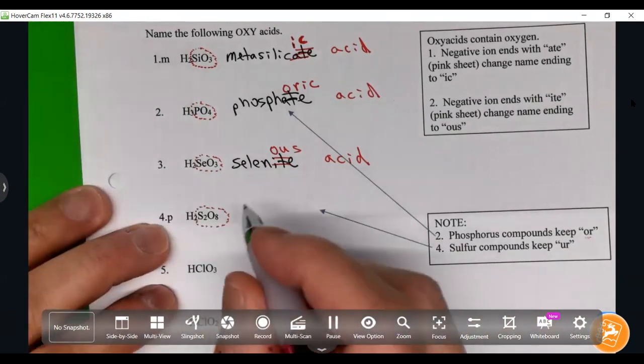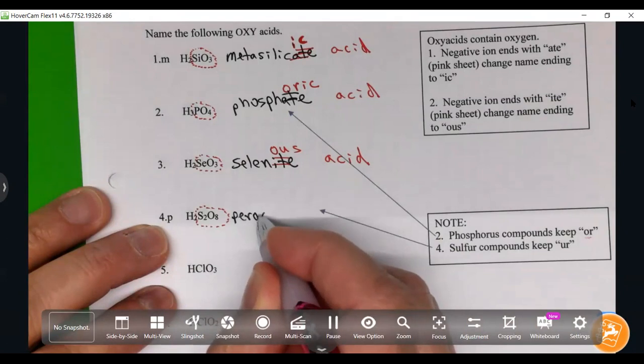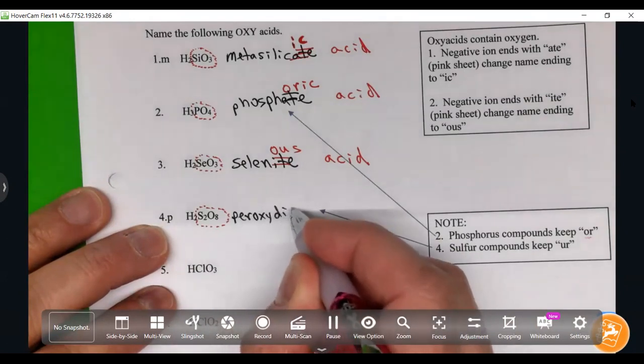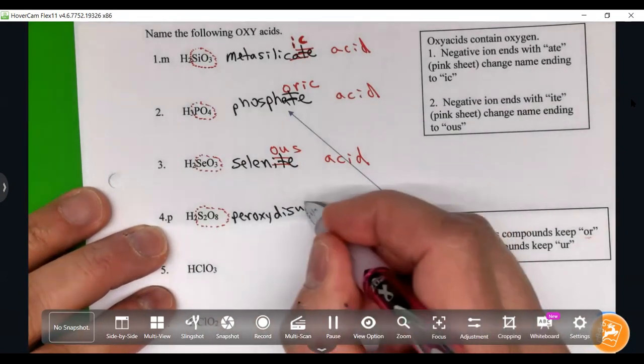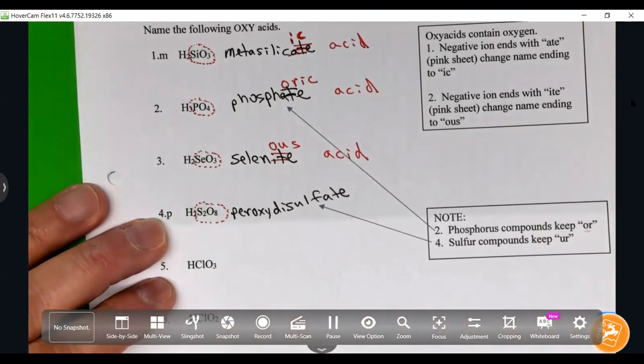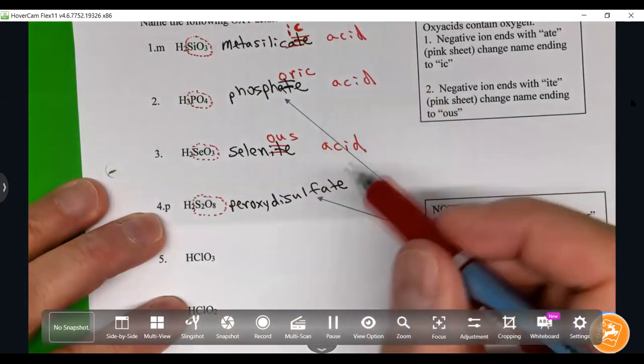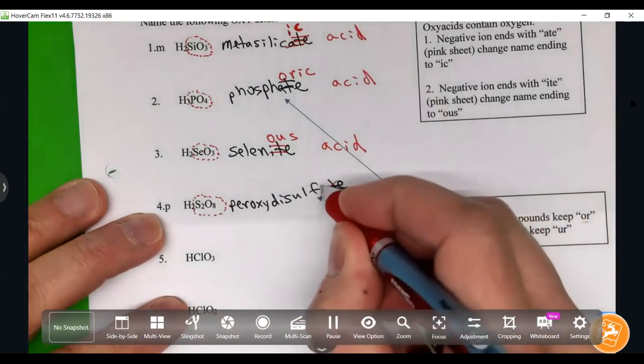S2O8 is peroxydisulfate. So we know the name is going to end in ic, and this is going to be peroxydisulfuric.